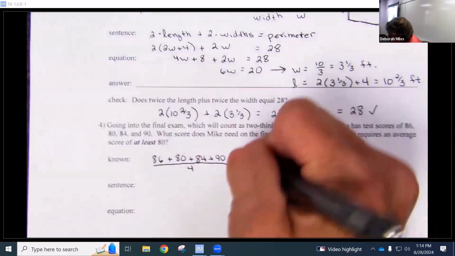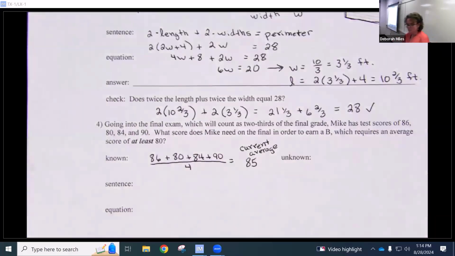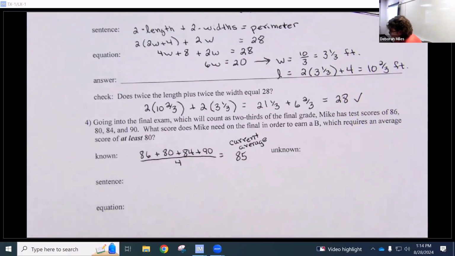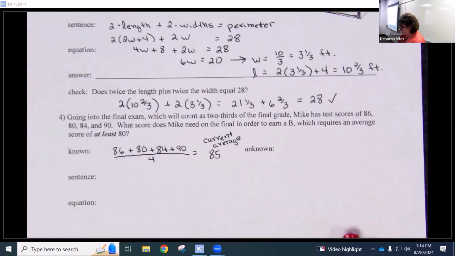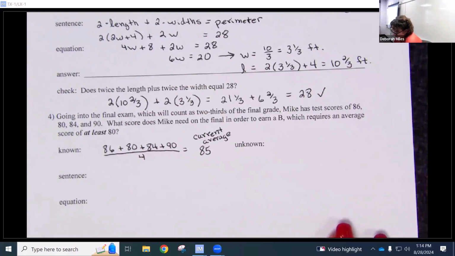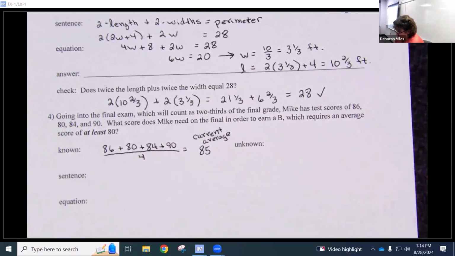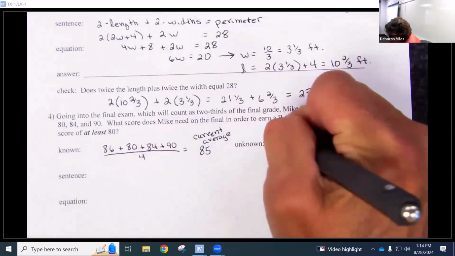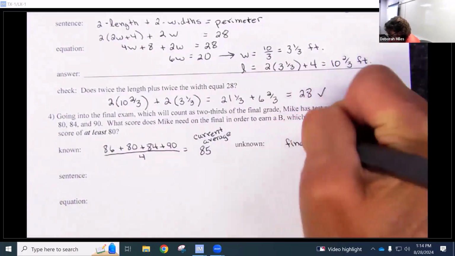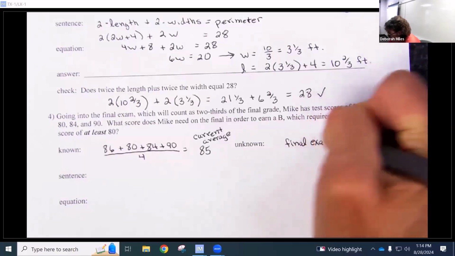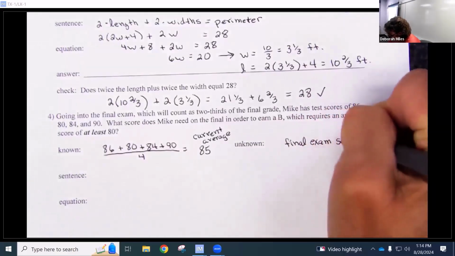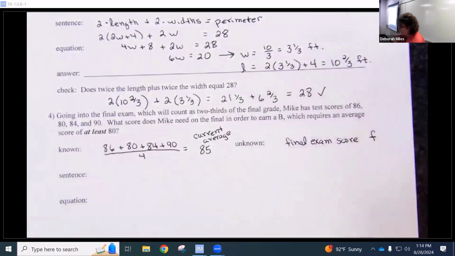He has an 85 average right now. The unknown is what he needs to make on the final. I could let that be X, or I could let it be F for final. His final exam score, let it be F.